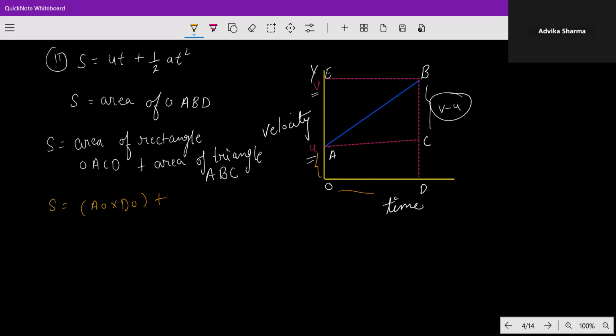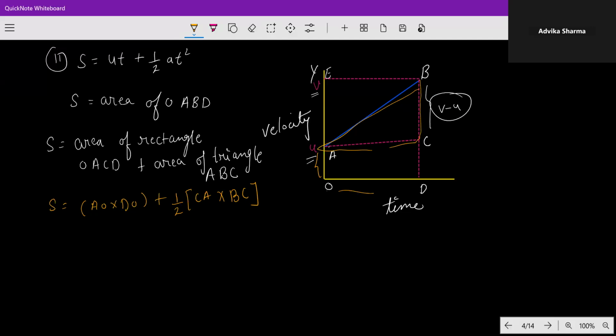In this triangle, the base is CA, and the height is BC, so it is half times BC times CA. Is it clear or not?